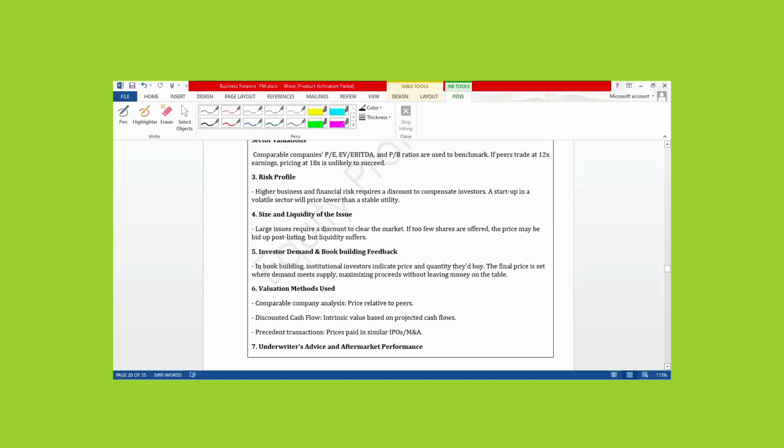Large issues require a discount to clear the market. If you are issuing large shares, you might need to be at a discounted price to make people buy.